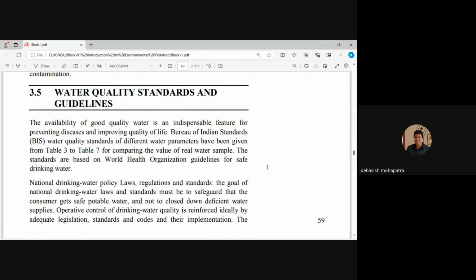So what are the water quality standards and guidelines? The availability of good quality water is a desirable feature for preventing disease and improving quality of life. Bureau of Indian Standards, BIS, water quality standards of different water parameters have been given from table 3 to 7.